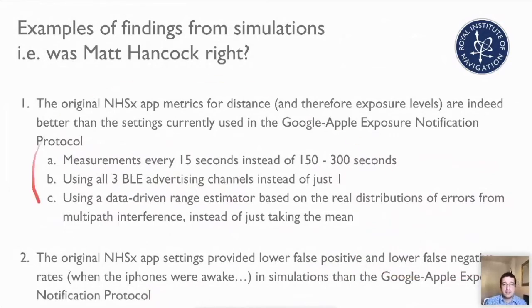And so hopefully these sorts of ideas will gradually migrate into the protocol that Google and Apple are using. But a lot of these decisions will be based on their desire to keep the battery life, to not impact battery life too much.